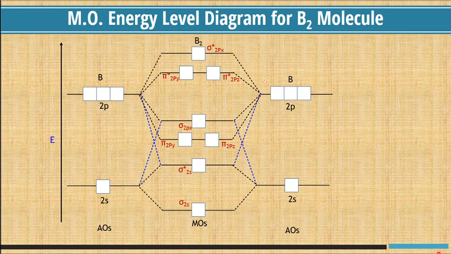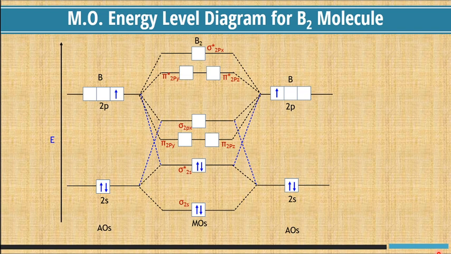Let us consider that there are 2 electrons in the 2s orbital of boron 1 and 1 electron in the 2p orbital. Similarly, we have 2 electrons in the boron 2 2s orbital and 1 electron in the boron 2 2p orbital. Two electrons occupy the sigma 2s bonding molecular orbital and two electrons occupy the sigma star 2s antibonding molecular orbital.